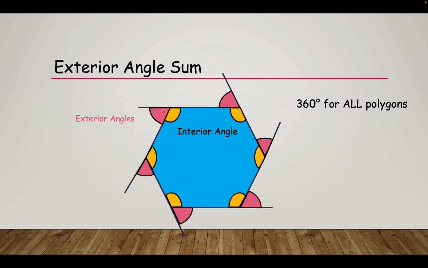A little exercise I'm going to show you: if I take this piece, pull it over here, and then take this piece, and this one, going around this shape, you'll notice that as I piece together all 6 exterior angles, it forms a circle. No matter how many sides, for all polygons, the exterior angles sum to 360 degrees.